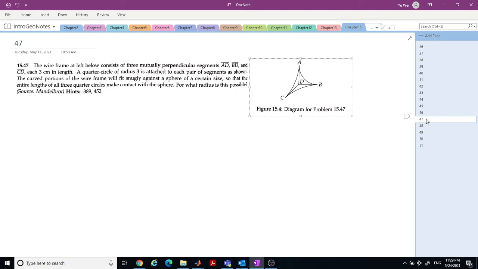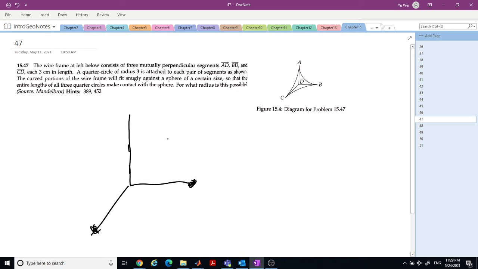Next, the wireframe of this figure. You can see we have three perpendicular lines, I mean three mutually perpendicular segments. We have AD, BC, right?